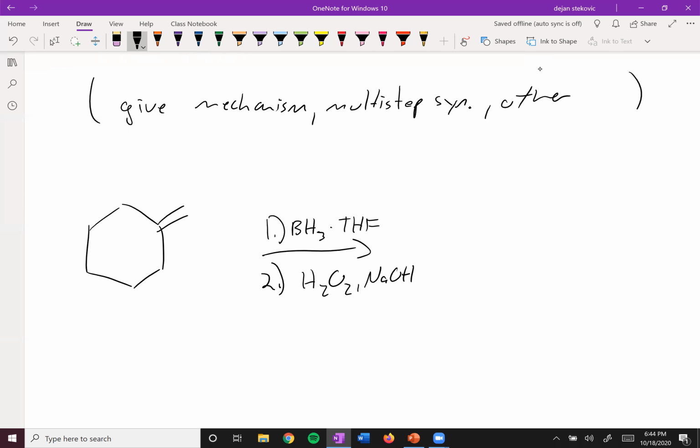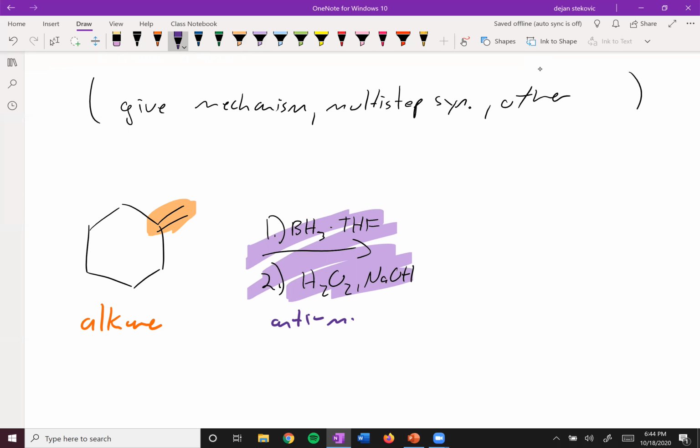Right, so in this case, I've given you the substrate and the reagent, and then I want you to think about the product. Right here, we see that we have an alkene. And so we're thinking about maybe some kind of addition reaction, oxidative cleavage, something like that. And then here we see our reagents, and we see that we're doing hydroboration, oxidation. And so remember that is an anti-Markovnikov addition of H and OH, where OH goes on the less substituted carbon.